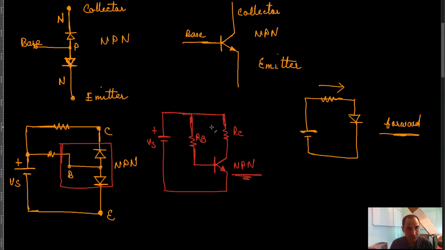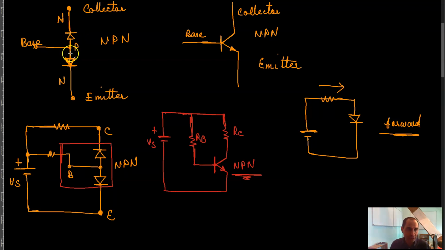So this was about an NPN transistor. I'll show you how to build a circuit using a PNP transistor as well. In a PNP transistor, these two diodes are connected the other way around.